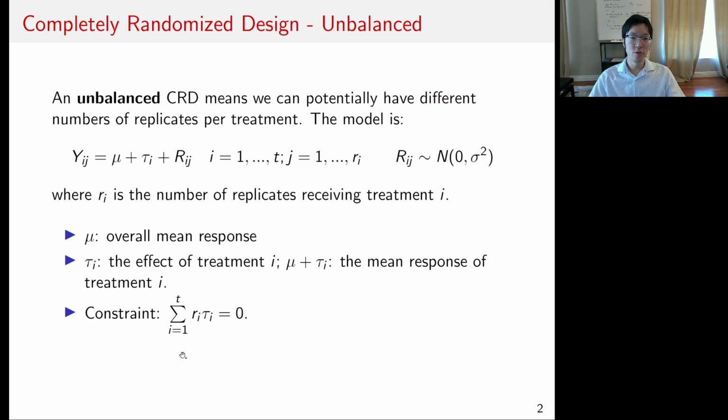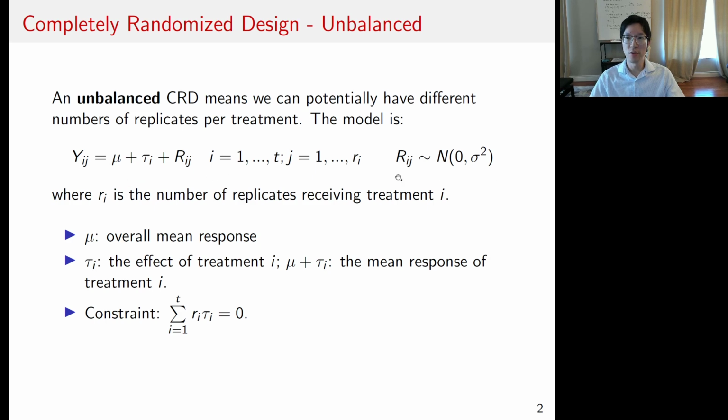You see this constraint is just a generalization of the CRD, because if all the r i's are the same, then they're just r, which is the balanced case. If all of them are r, you can simply divide by r and you get the constraint for the balanced case, which is summation tau i equals 0. So that's just a generalization of that.